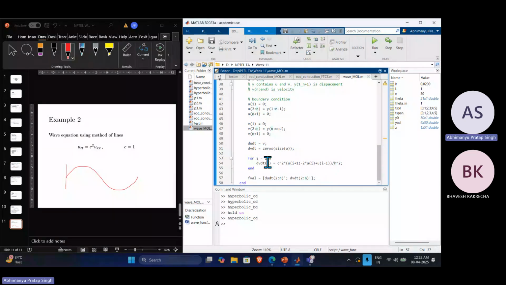Notice that I have not written any dv by dt for the nth plus 1 node because it's already fixed. We know that it's fixed. We don't have any Neumann boundary condition on that. It's a Dirichlet boundary condition.